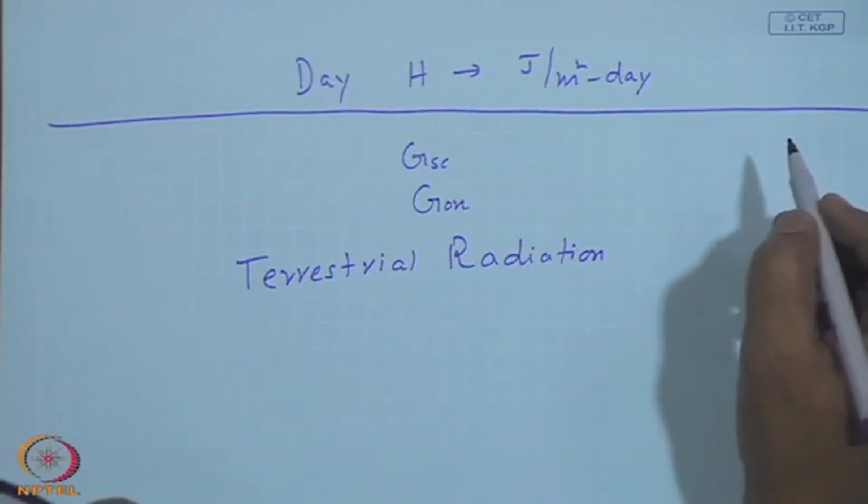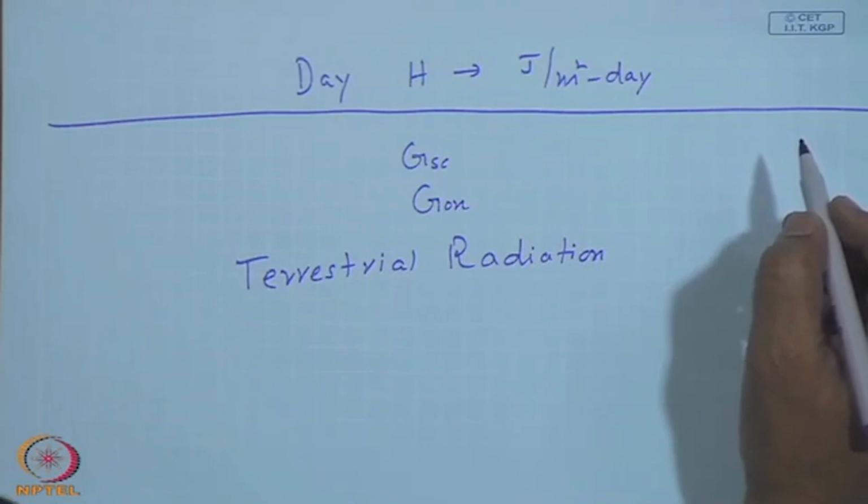In the process of transmission through the atmosphere, part of the solar energy is absorbed by CO2, water molecules. There will be forward scattering, there will be reflection, there will be in scattering and out scattering.